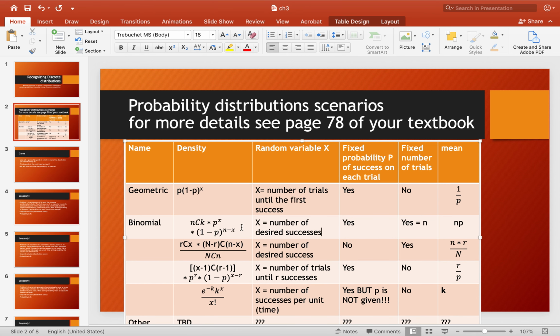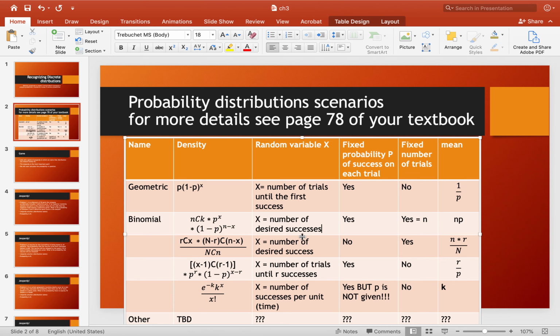Now, our next scenario. Our random variable, which is always given to us in the problem, is the number of desired successes, and I'll say that's equal to r. So we could have more than one success, so we could have 3 successes, and you might have to say that what we want is 3 heads when tossing a coin.